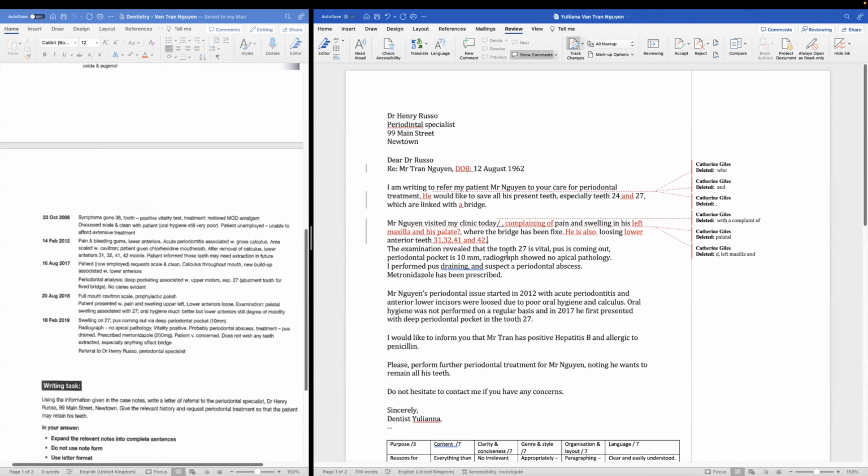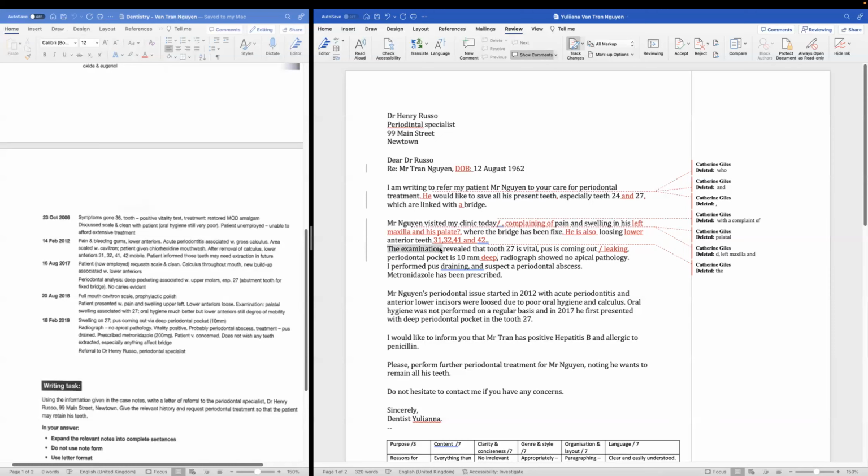The examination revealed that tooth 27 is vital. Good. Pus is coming out. Yeah. I mean, leaking might be better. Periodontal pocket is 10 millimeters deep, maybe, just to give that extra definition. Right, let's list this using the correct grammar then.